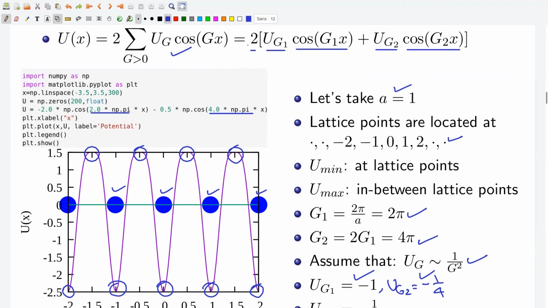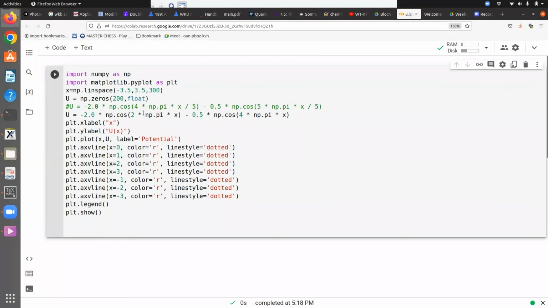After multiplying uG1 and uG2 with the factor of 2, we put -2 and -0.5 in the code while defining the potential in the code. Let us run the code.